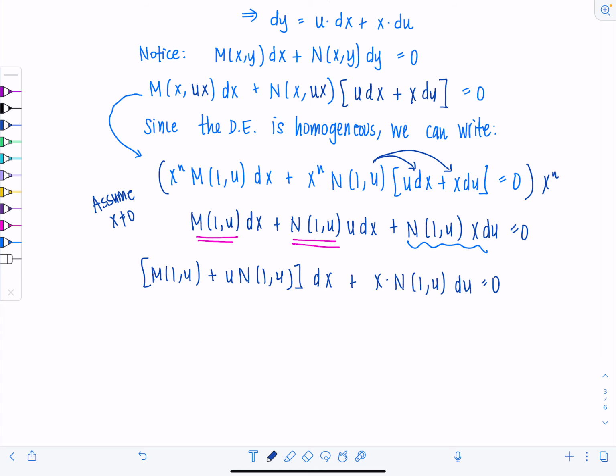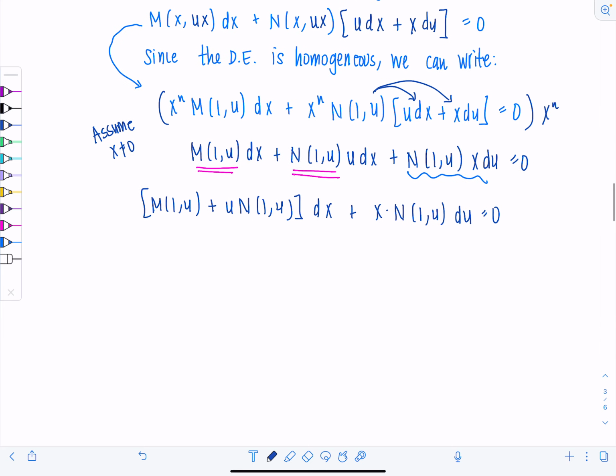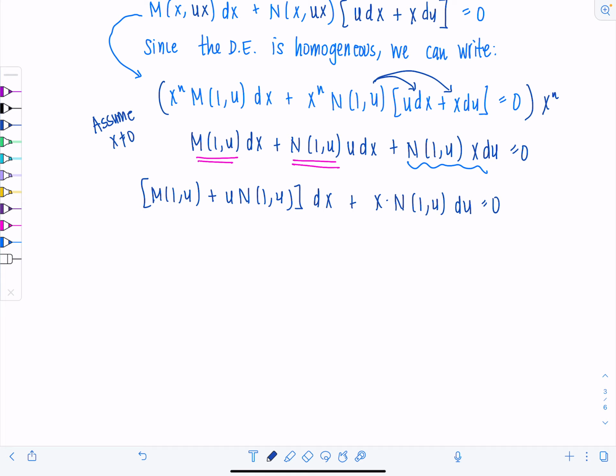So I can go ahead and divide everything. So we'll have dx over x plus n of 1 comma u du over m of 1 comma u plus u times n of 1 comma u equaling 0. Okay, and then it's separable.